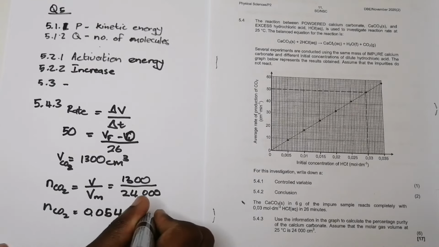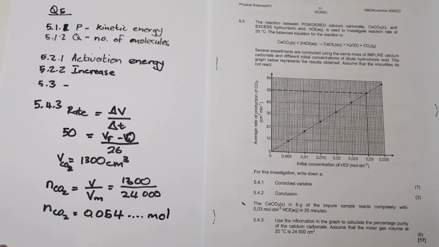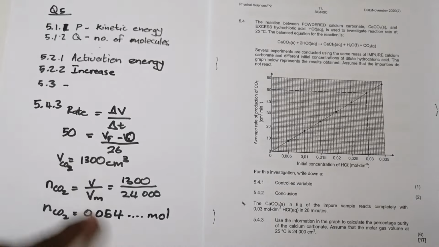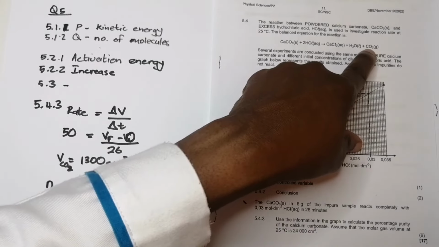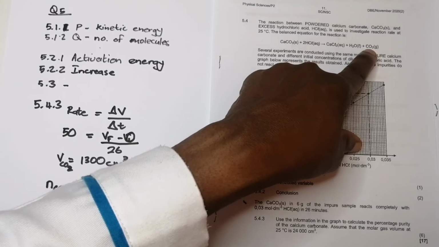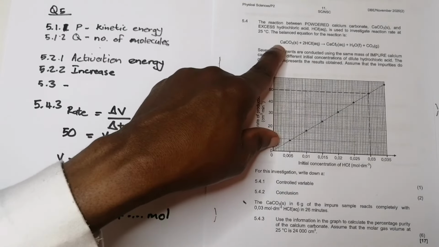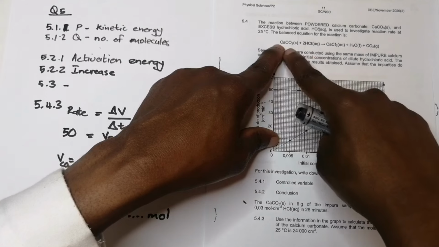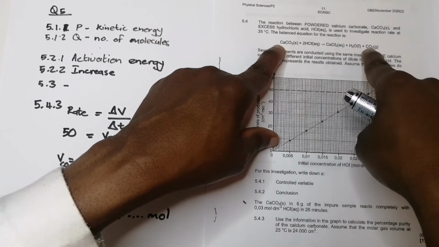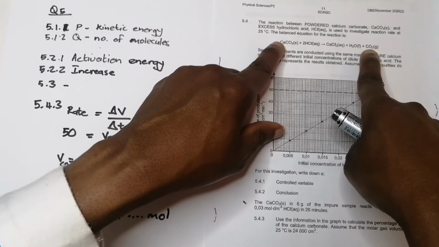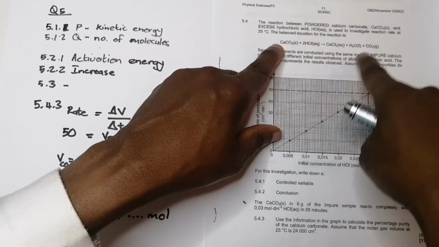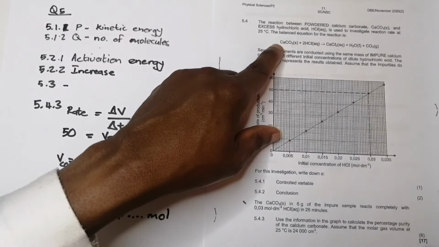It continues, these are moles. But remember, the number of moles of carbon dioxide, the ratio there is 1. This tells me for every 1 mole of calcium carbonate, I produce 1 mole of carbon dioxide. So for any amount of calcium carbonate, you'll produce the same amount of carbon dioxide.